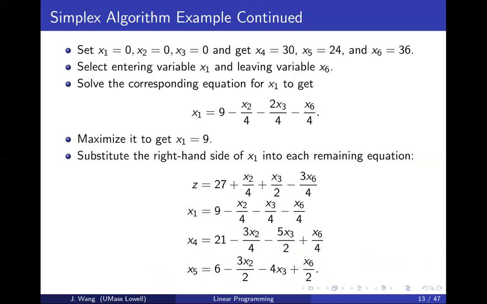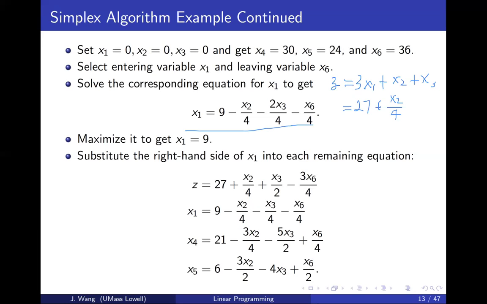So originally the objective is z, which is 3x1 plus x2 plus x3. So this x1 is now here. So then 3 times 9 is 27. And 3 times negative x2 over 4 plus x2, then it becomes x2 over 4.